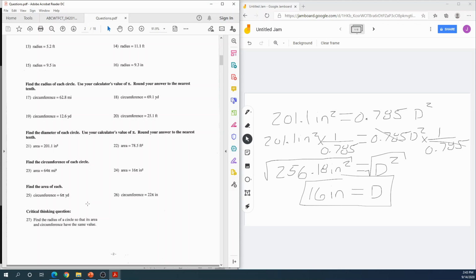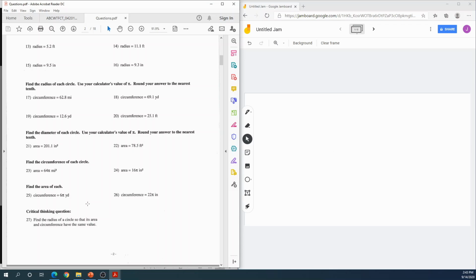All right, let's jump on down here to question number 27. Find the radius of a circle so that its area and circumference have the same value. All right, so what do we know? We're trying to find the radius of a circle so that its circumference and its area have the same value.